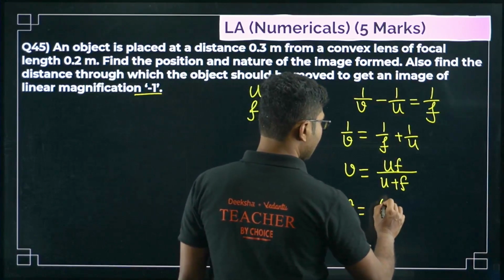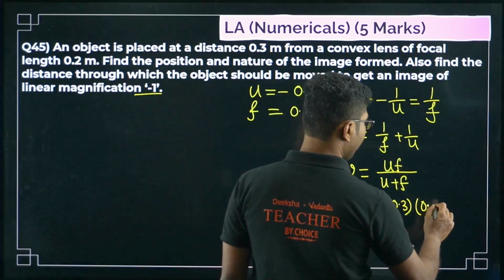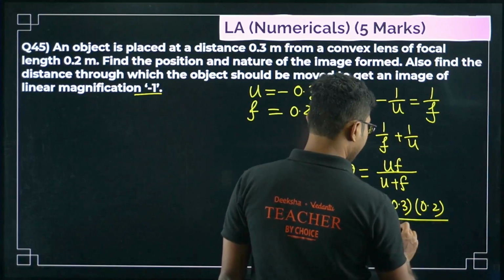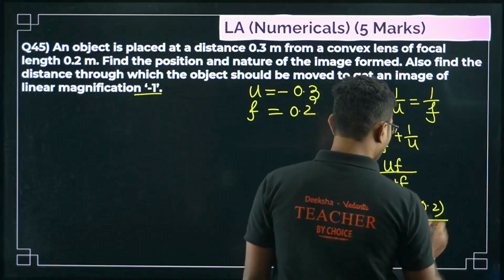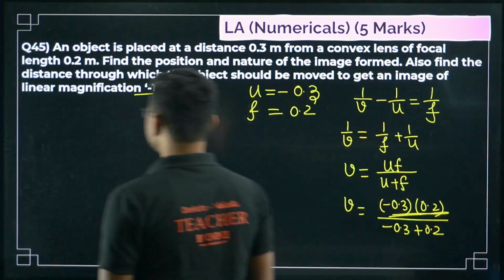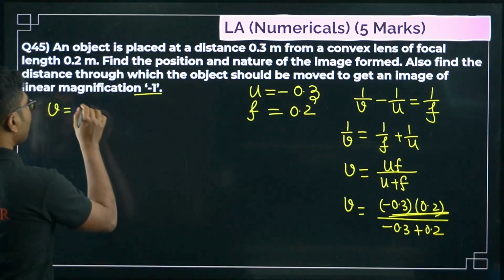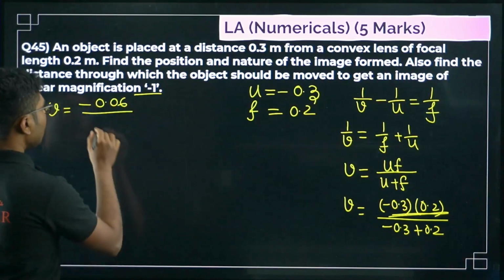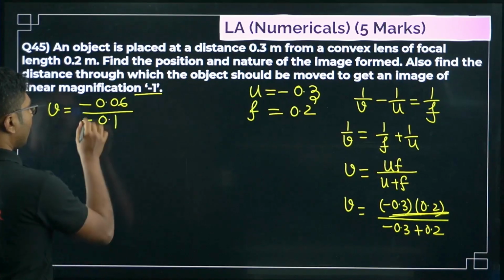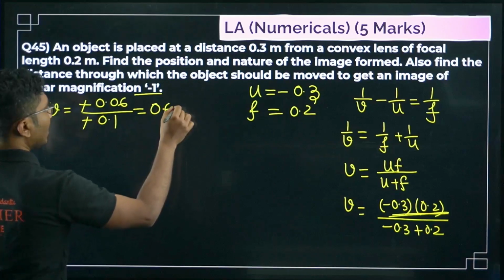So U is minus 0.3, F is 0.2, minus 0.3 plus 0.2. So what is the value? V will be equal to minus 0.06 divided by minus 0.1. Minus minus is plus, and it will cancel, it will be 0.6 meters.